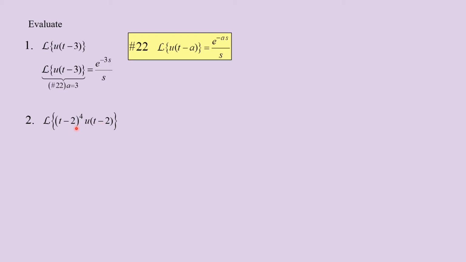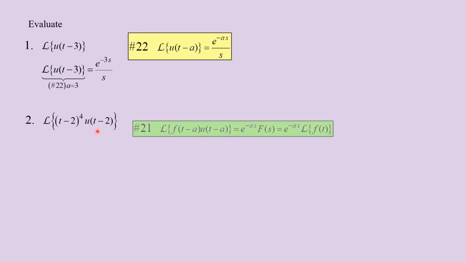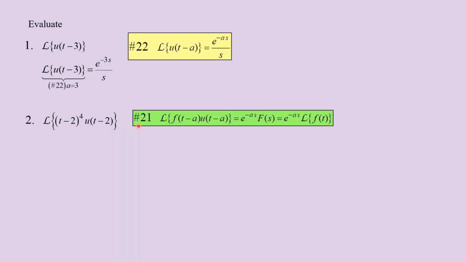If this is the case, then we can find the Laplace transform of this function by using formula number 21. In formula number 21, the function f is expressed in terms of t minus a, and the unit step function is also expressed in terms of t minus a. So these two match, where a is given by the number 2.